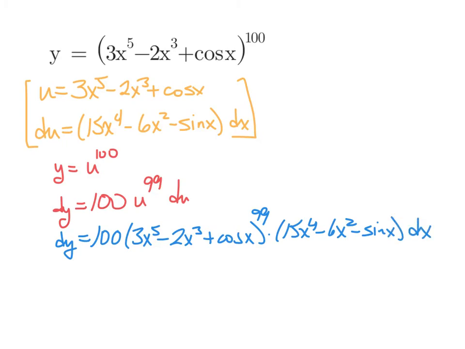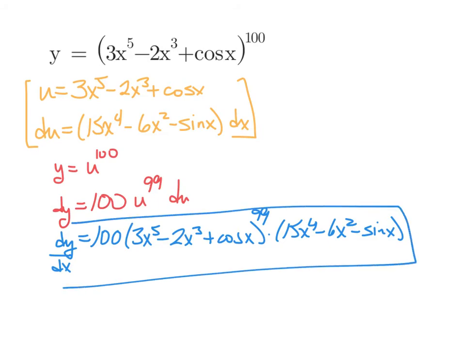And our last step, so I don't have to rewrite everything, is just going to be to divide both sides by that dx. So what we're left with is our derivative.